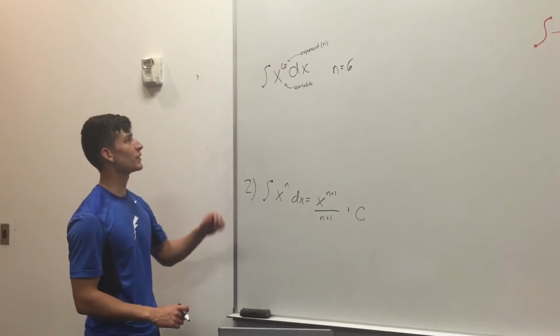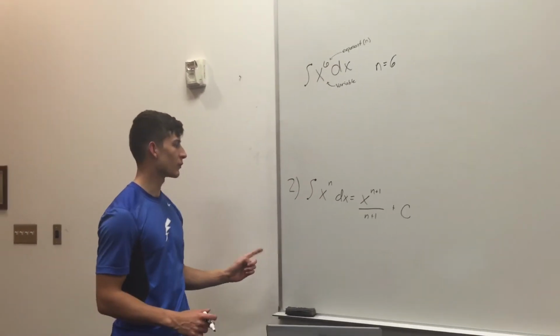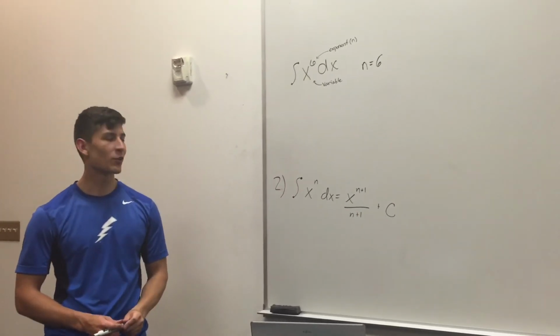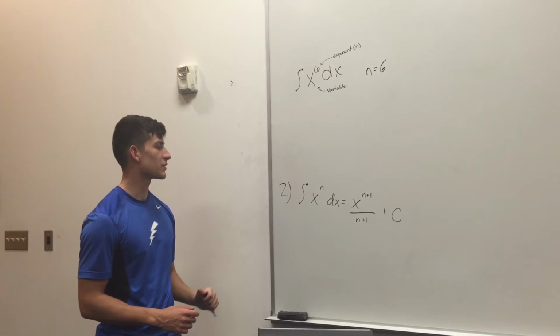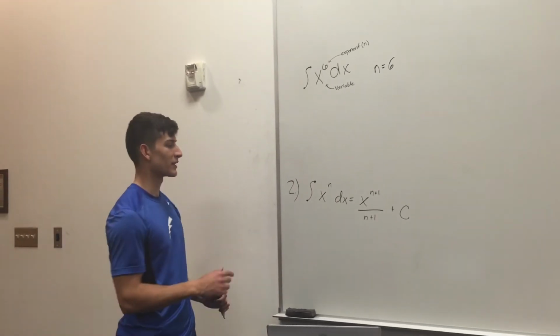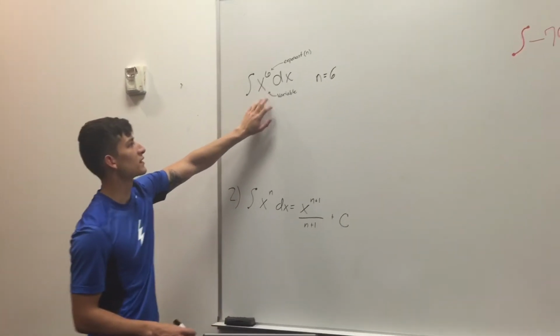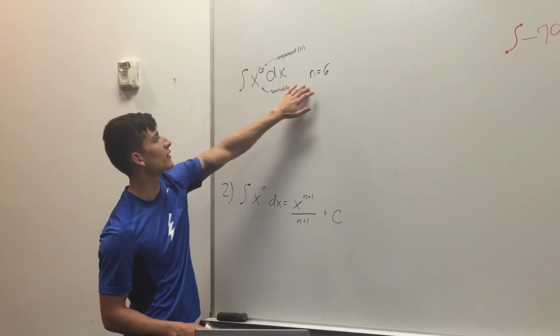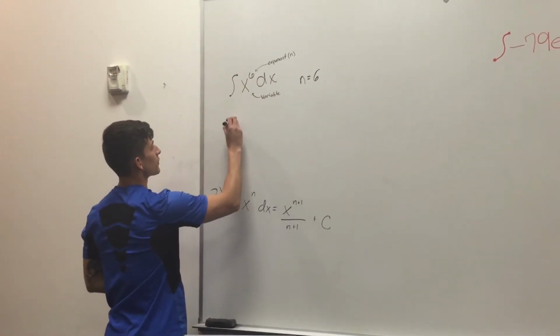So here we're going to be taking a problem from our book and applying it with our toolbox problem number 2, which is the integral of x to the n dx, which equals x to the n plus 1 over n plus 1 plus c. So we have here the integral of x to the 6 dx, and n, which is our exponent, equals 6. So I'm going to go ahead and write this out here.